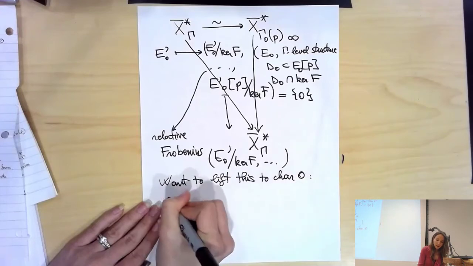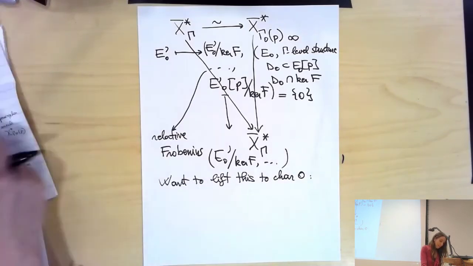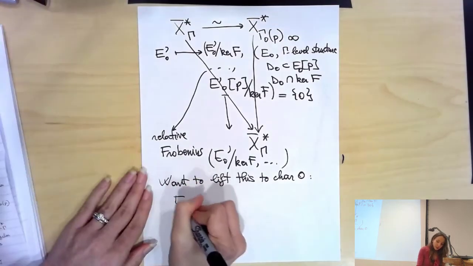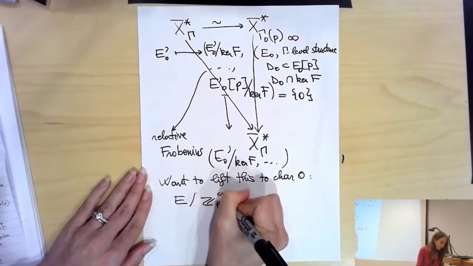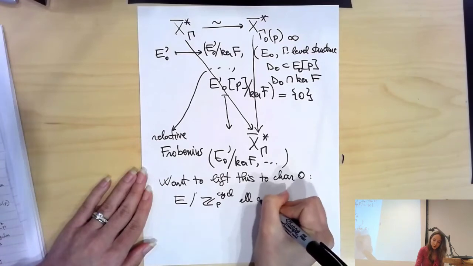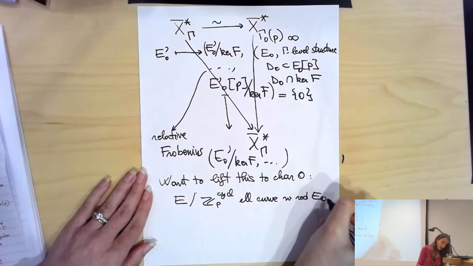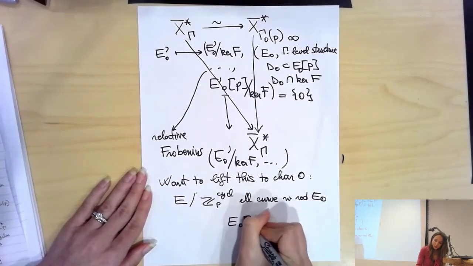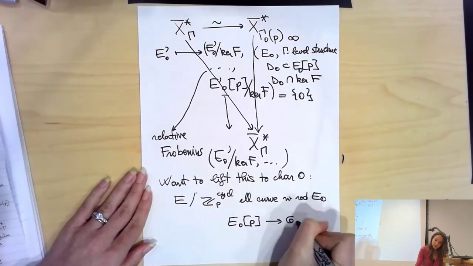So let's consider an elliptic curve over ZP cyclotomic with reduction E naught. Then if you look at the p torsion on E naught, this fits into a short exact sequence.